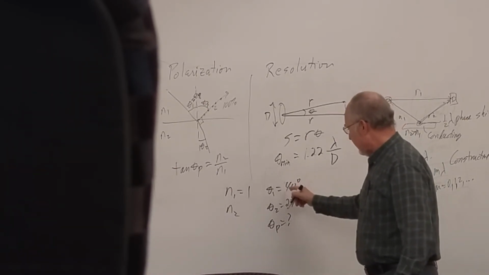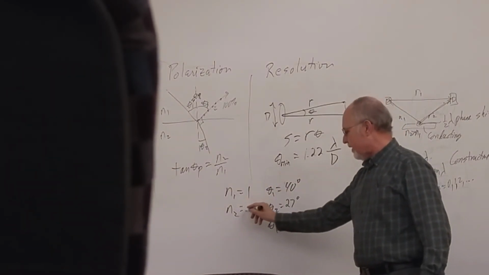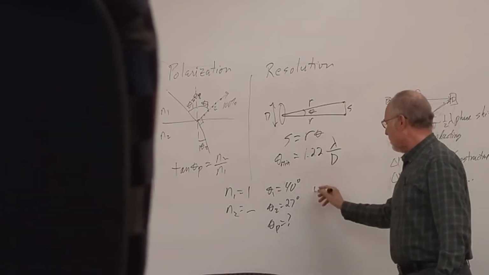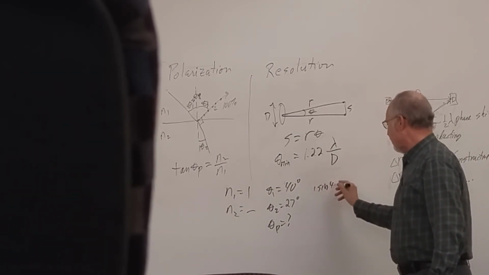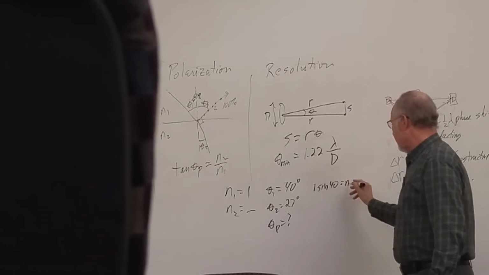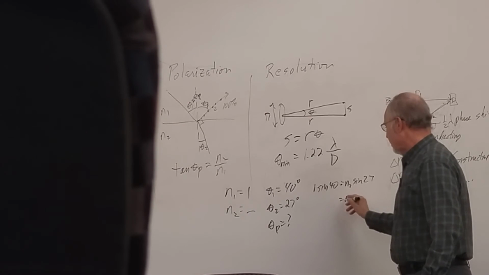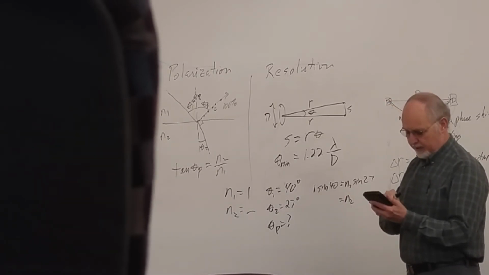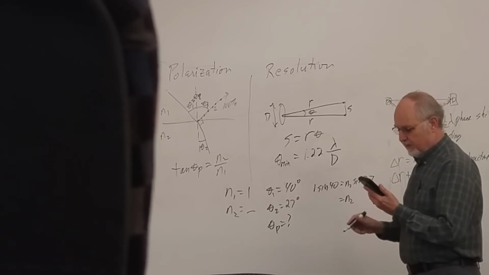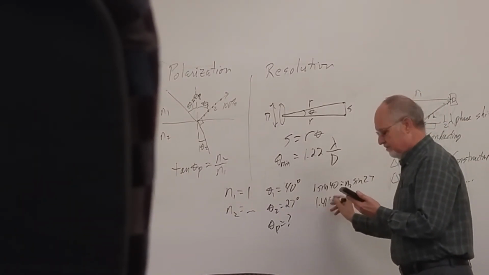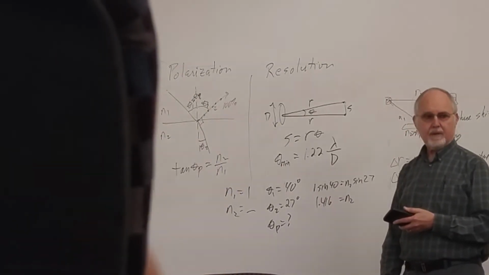Well, knowing this and this and this, I can find N2 by using Snell's law. I've got 1 times sine of 40 is equal to N2 times sine of 27. So the N2 is the sine of 40 divided by the sine of 27, which gives you 1.416 approximately.